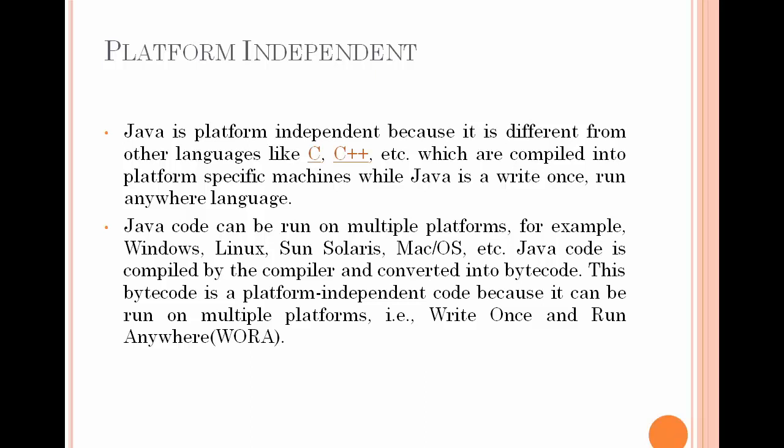Java code can run on multiple platforms like Windows, Mac OS, Linux, Sun Solaris, etc. Java code is compiled by the compiler and converted into bytecode. This bytecode is platform independent code because it can be run on multiple platforms. That is, a write once, run anywhere language.